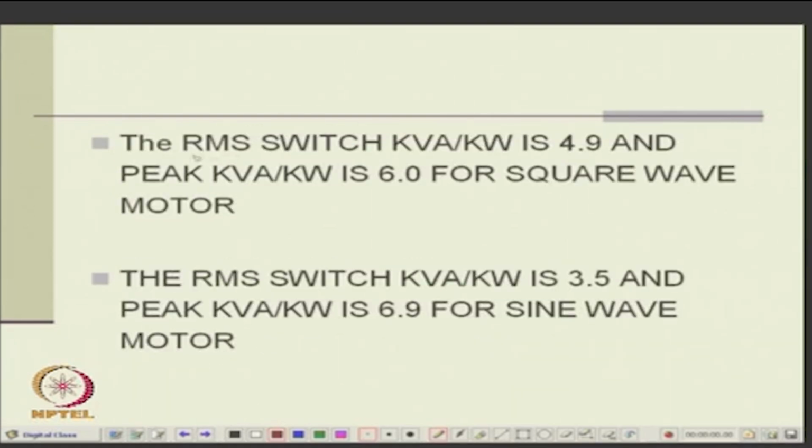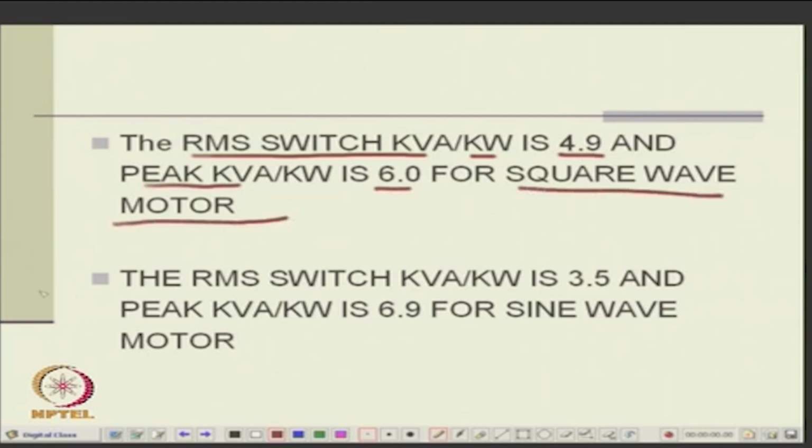Now, RMS switch kVA per kilowatt is 4.9 and peak kVA per kilowatt is 6 for square wave motor. That means, what does it mean? If you have a 1 kilowatt motor, you may have to have a 4.9 kVA converter switch, okay, or a 6 kVA for square wave.